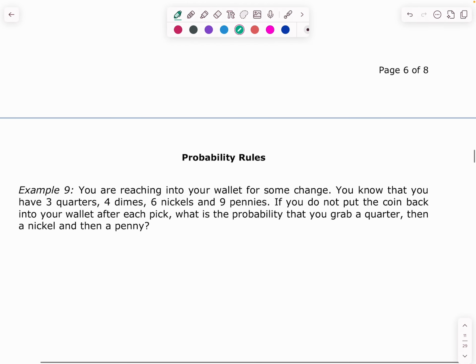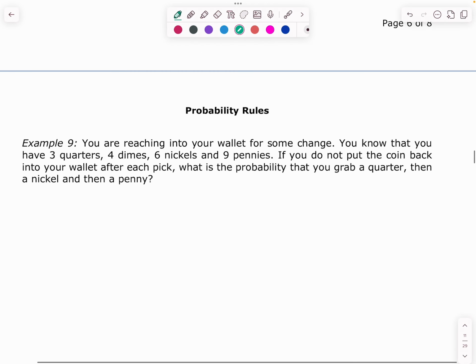We also can find dependent probability with multiplication. So in this example, you are reaching into your wallet for some change. You know that you have 3 quarters, 4 dimes, 6 nickels, and 9 pennies.